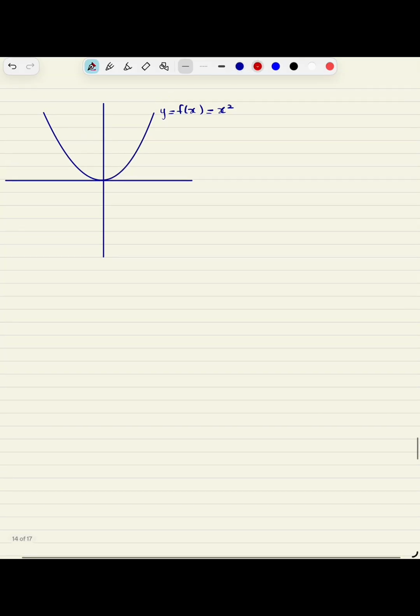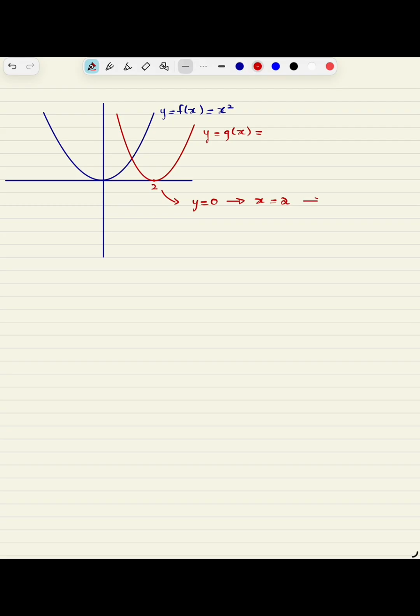And let's suppose I want to translate it to the right. Let's make it so that this is a function g(x), and what is it going to be? Suppose I have a 2 over here. What does this mean? It means that when the value of y is 0, the value of x is going to be 2.